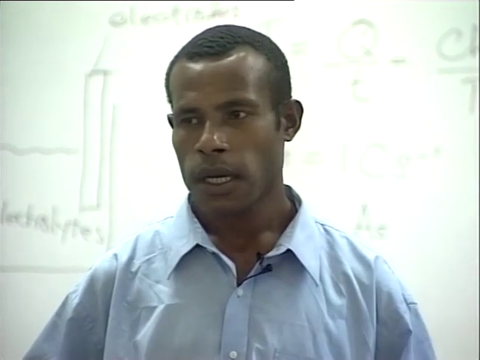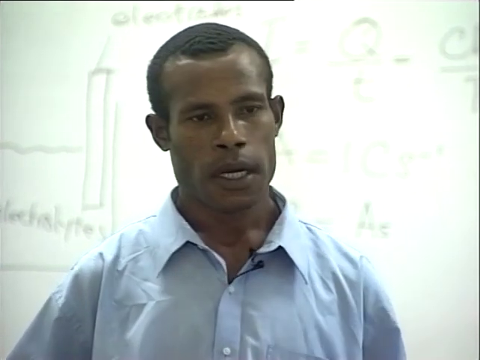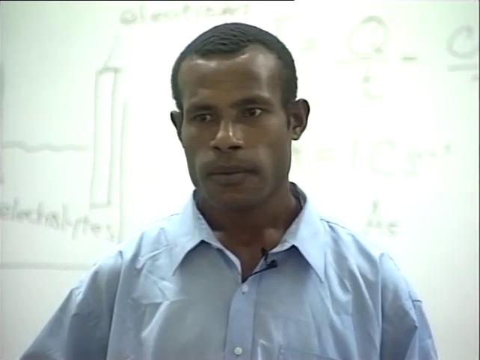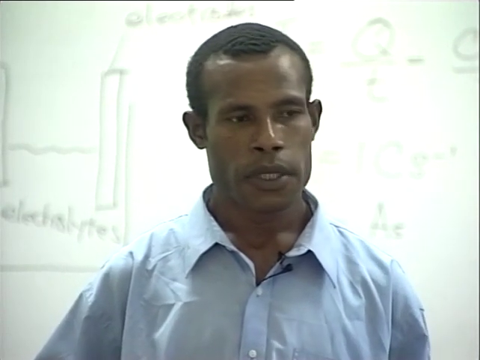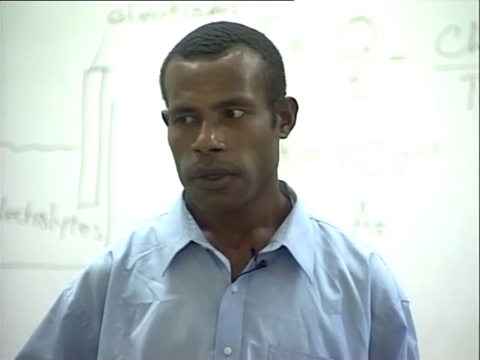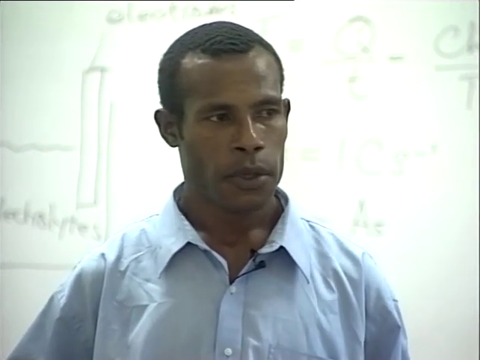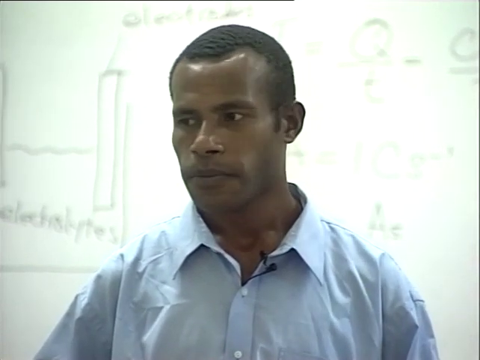Looking at the current and the electrons, the current will be going from the positive towards the negative, while the electrons will be from the negative to the positive. They flow in opposite directions.